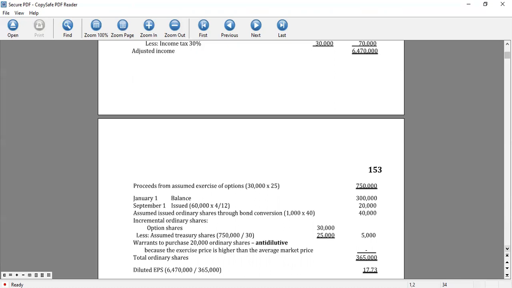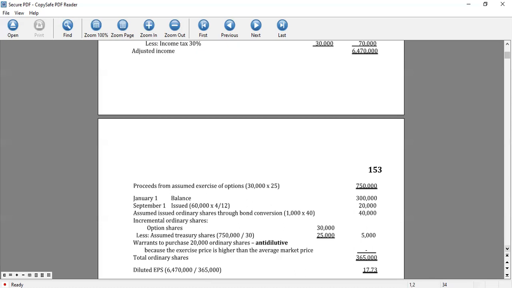So we have now the proceeds from assumed exercise of options. If the company will exercise the options, it will buy the ordinary shares at 20 per share, and the fair value of each stock option is 5.